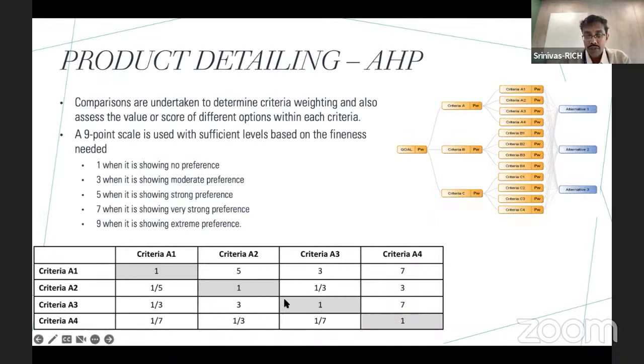And once you have this, you again go back and construct a score of which of these criteria are most important to meet the goal. And then your decision on whether you pick alternative 1, alternative 2, or alternative 3 is very clearly made for you. So this is analytical hierarchy process.